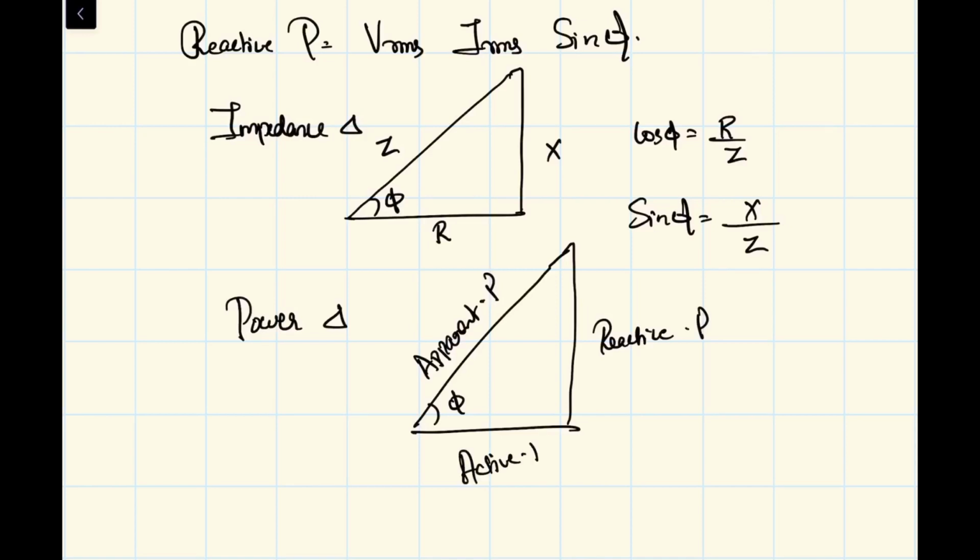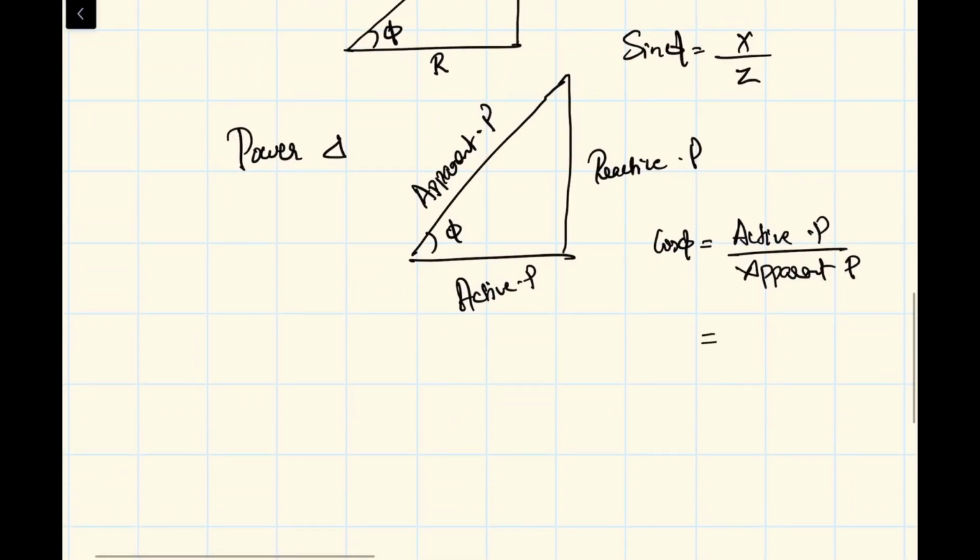Let me use the cos phi formula. Cos phi is equal to active power by apparent power, and we know apparent power is Vrms Irms. So active power becomes apparent power into cos phi, that is Vrms Irms cos phi.